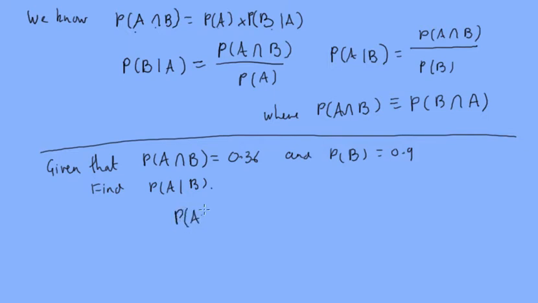So the probability of A given that B has happened is going to be the probability of B and A over the probability of B. So we know these, 0.36 over 0.9, and that gives us 0.4.